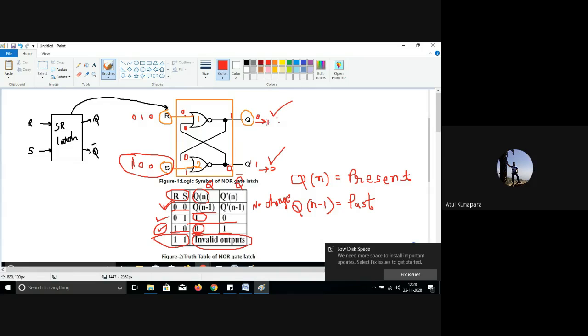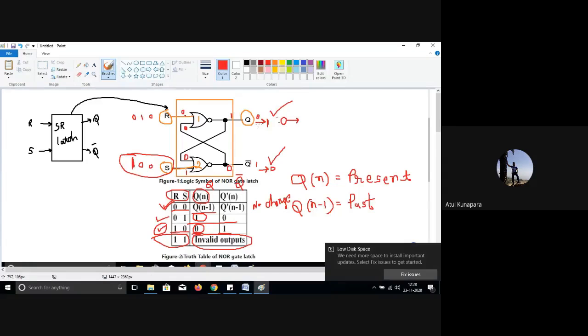Because if your Q is equal to 1 here and you are supplying S equal to 1, then your output will be kept as it is. It will not change because Q is already set, right? If your Q is equal to 0 and you are supplying S equal to 1 here, then it is going to convert your 0 to 1. So that means your output Q is going to be set to 1. So you can check both the conditions.